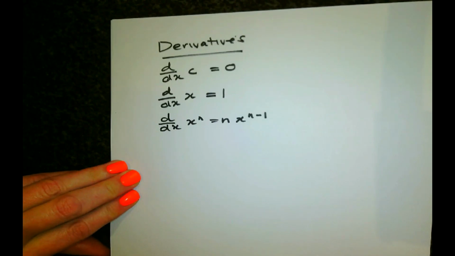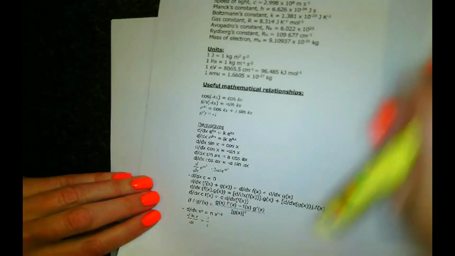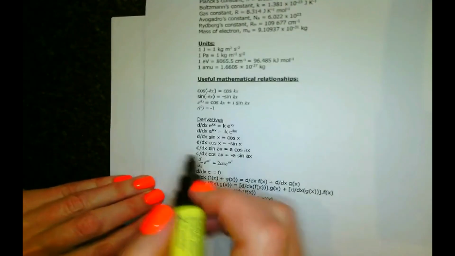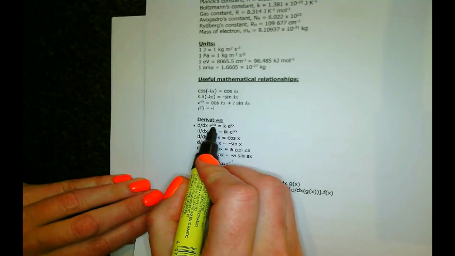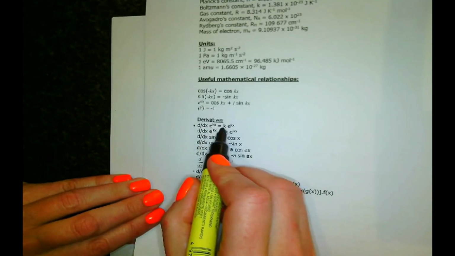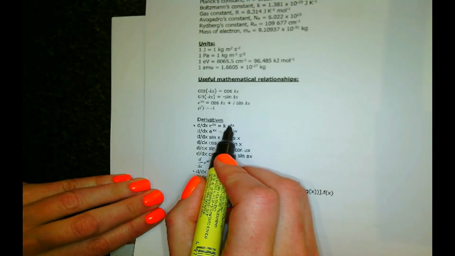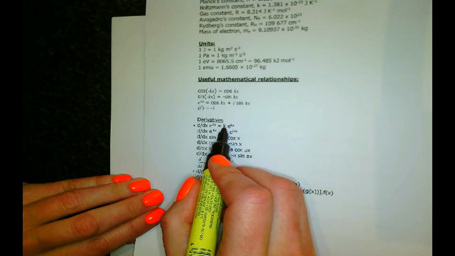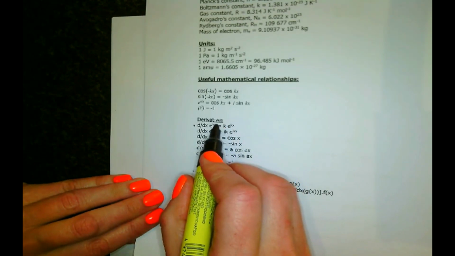Okay, and then some other functions with exponents. Let's look at that one in your data sheet. d/dx of e to the kx, where k is a constant, is k e to the kx. So the constant is in the derivative in front of the function.